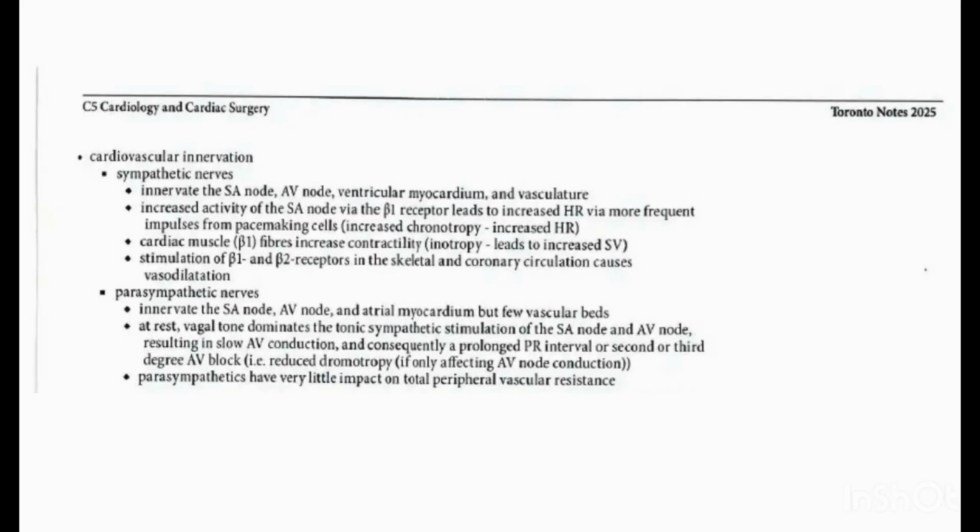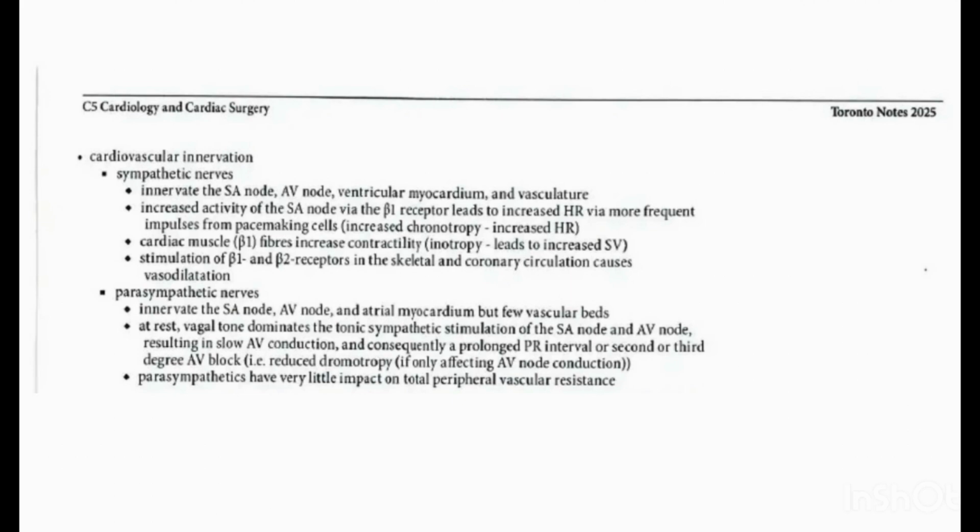This high parasympathetic tone results in slow AV conduction, clinically manifesting as a prolonged PR interval, or in extreme cases, a second or third degree AV block. This slowing of conduction velocity through the AV node is termed reduced dromotropy.